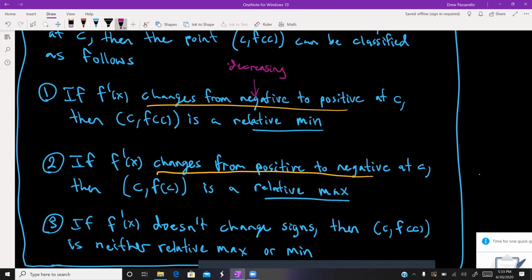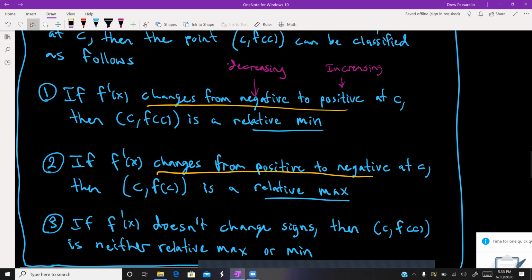And if its first derivative is positive, that means the function is increasing. So another way of stating it is if the function f of x changes from decreasing to increasing at c, then it's a relative min.